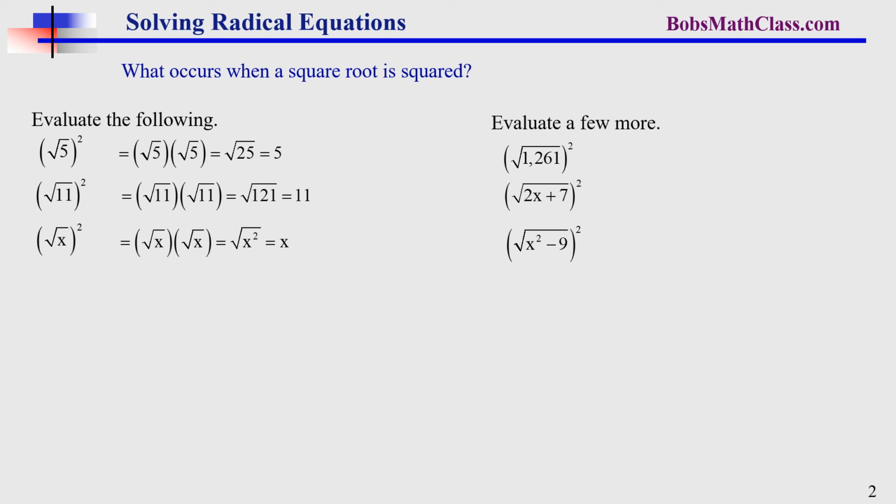Square root of 1,261 squared. Do I actually want to multiply 1,261 times another 1,261? Or can I just use a shortcut, that the answer is going to be what's inside the radical sign, which is called the radicand? Definitely. So you can see that the square cancels out the square root. It undoes it, and all we're left with is what's inside the radical sign.